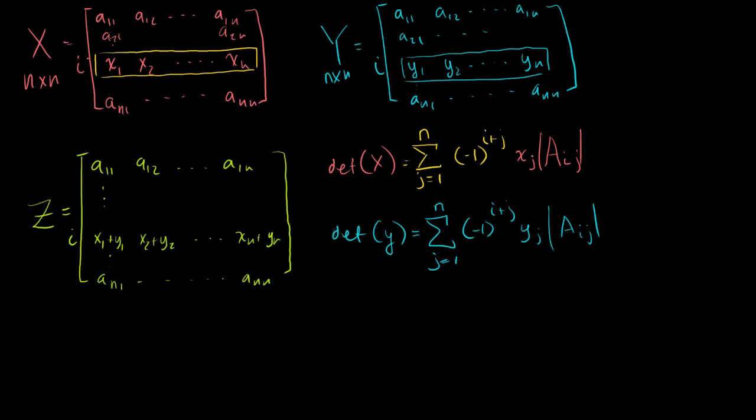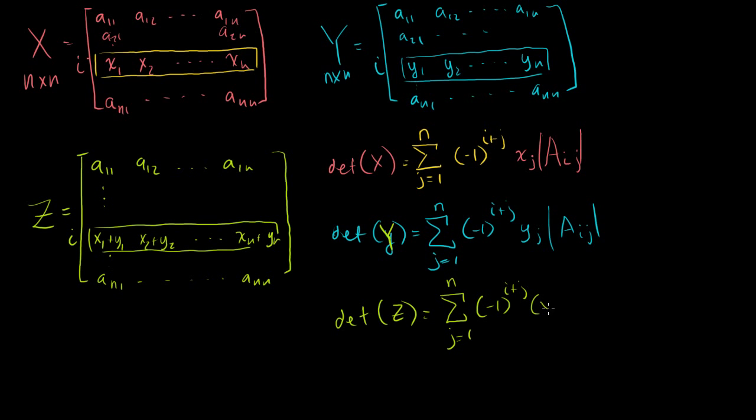Now, what is the determinant of Z? I'm pretty sure you know exactly where this is going. The determinant of Z is equal to the sum from j is equal to 1 to n of negative 1 to the i plus j. We're going along this row, but now the coefficients are xj plus yj, and then times its submatrix, which is the same as these submatrices, so aij.